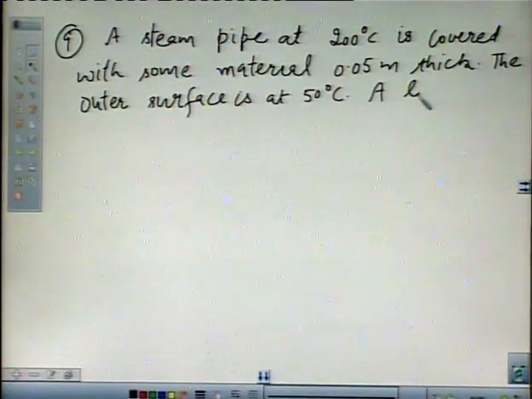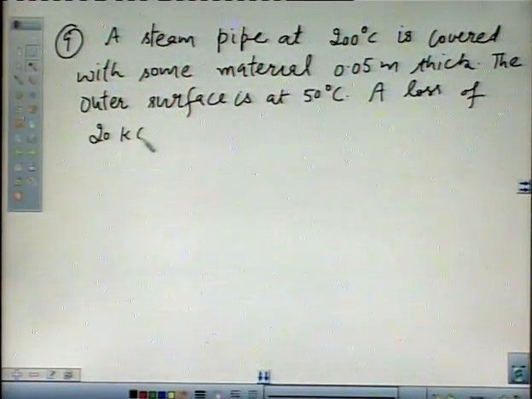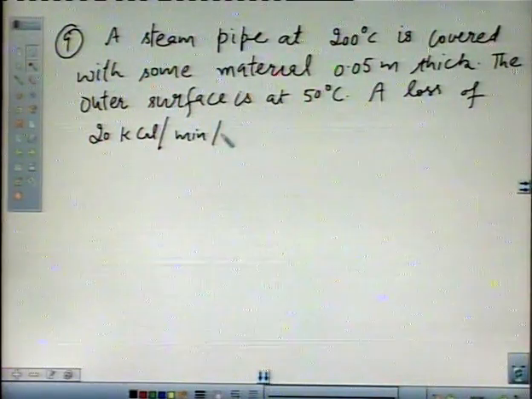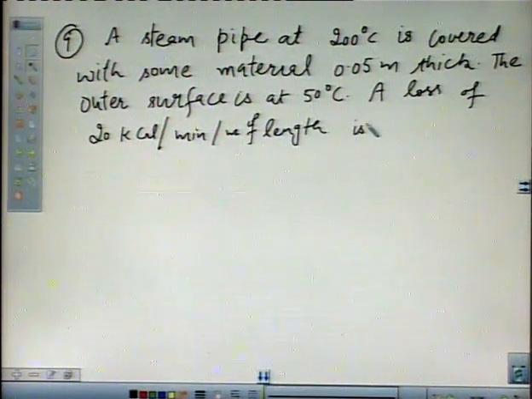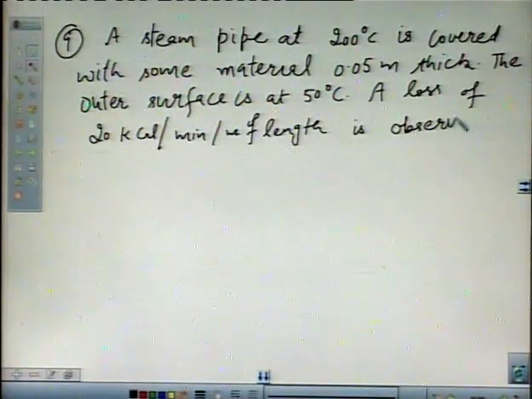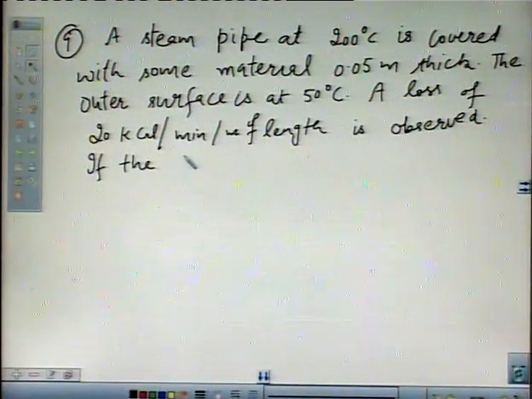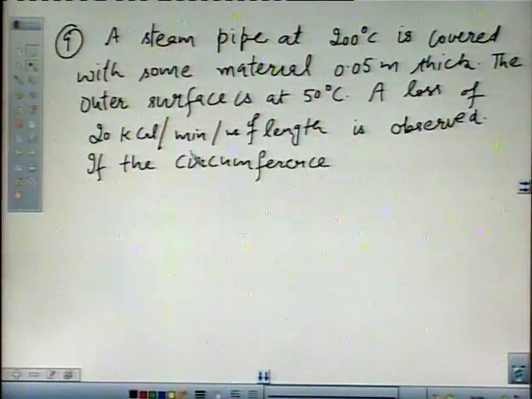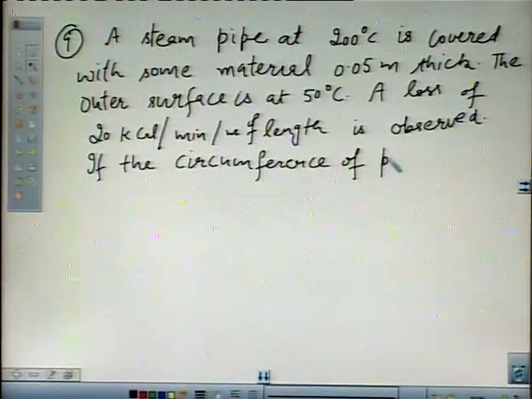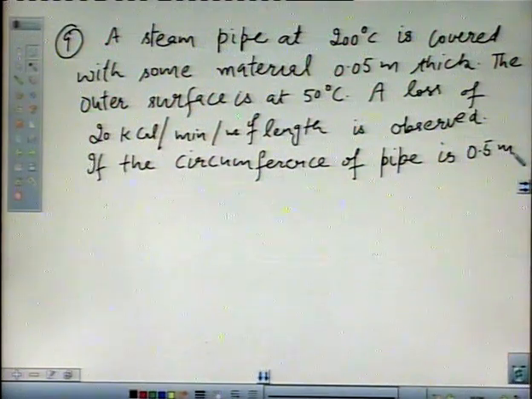A loss of 20 kilocalorie per minute per meter of length is observed if the circumference of the pipe is 0.5 meter.